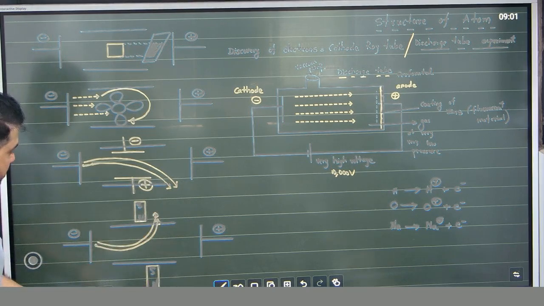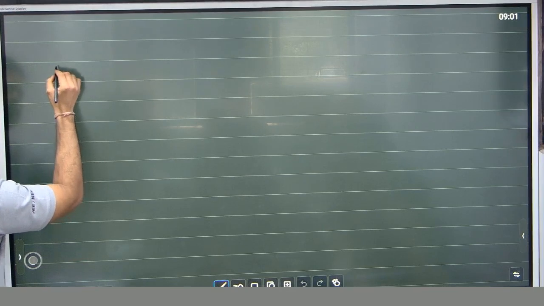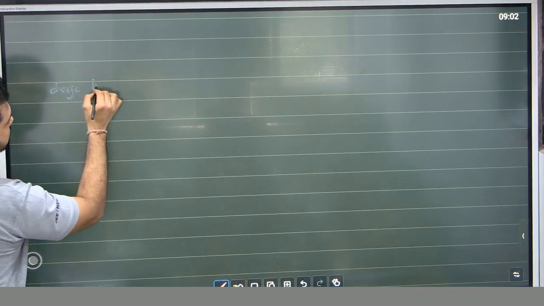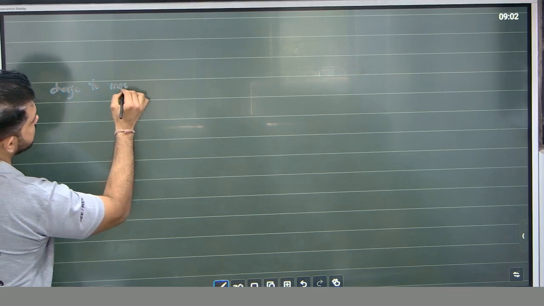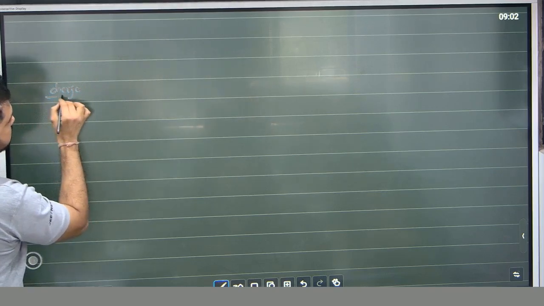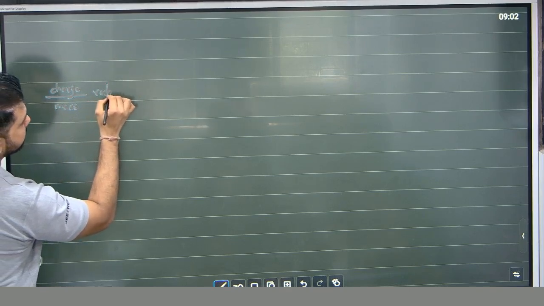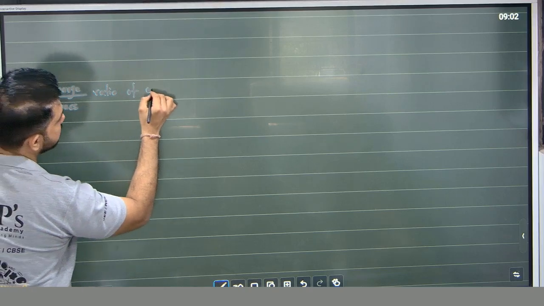Now, what Thomson did is, Thomson calculated something called the charge to mass ratio of electron.